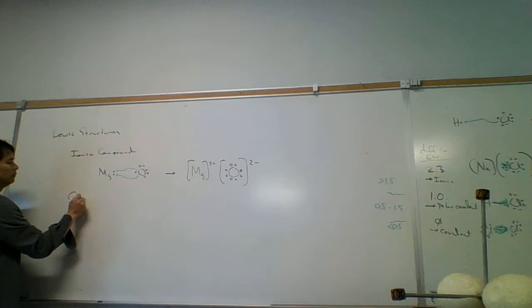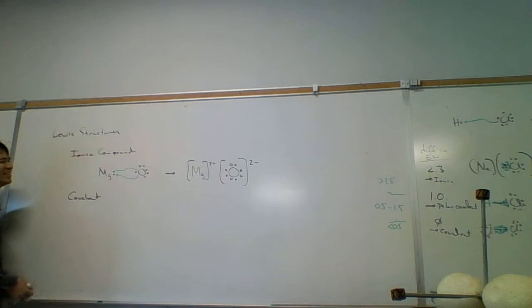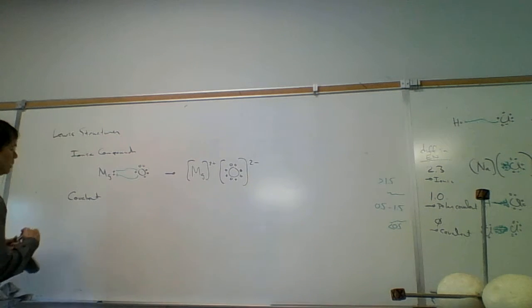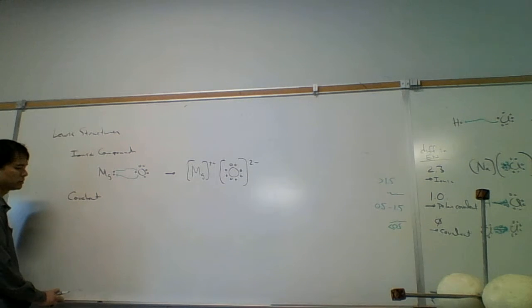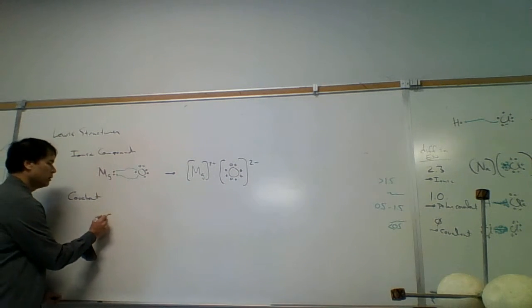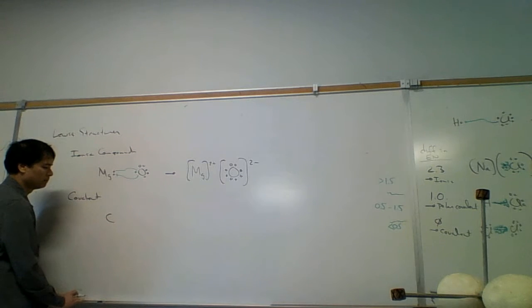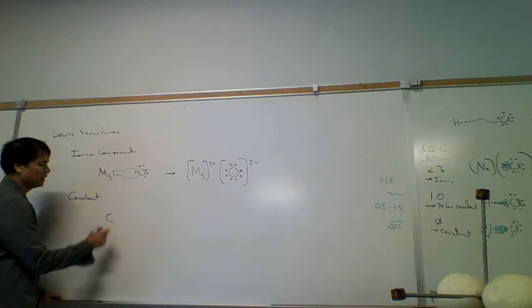Okay, now for covalent compounds, it's going to be a bit different. Say, for example, oxygen and, let's go with oxygen and nitrogen, or oxygen and carbon. Well, we'll do carbon. We'll do oxygen and carbon. So oxygen wants how many electrons?